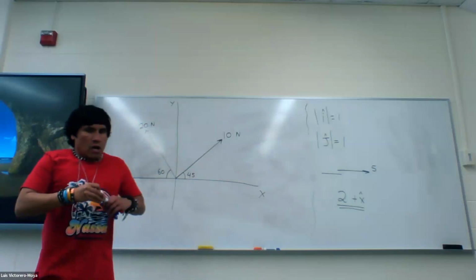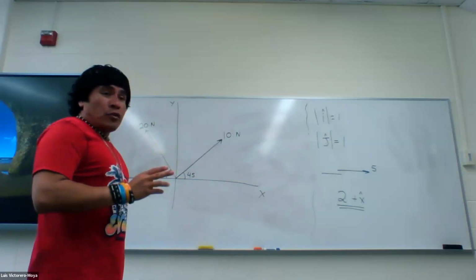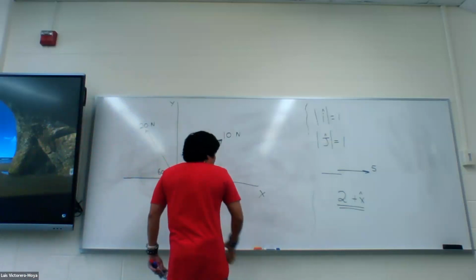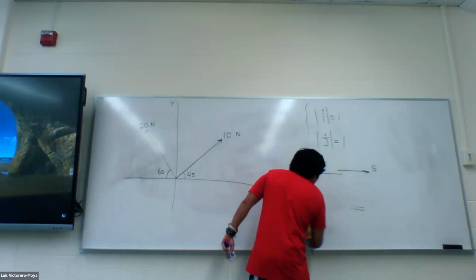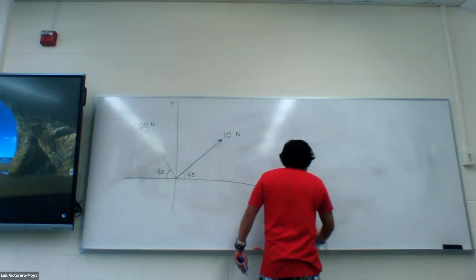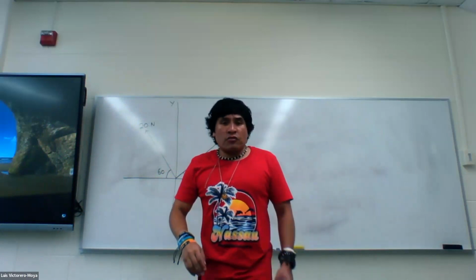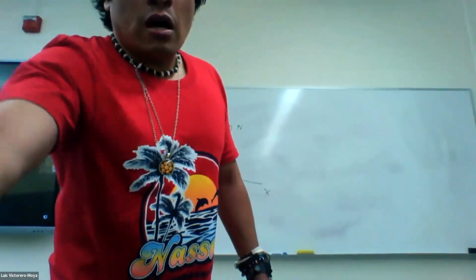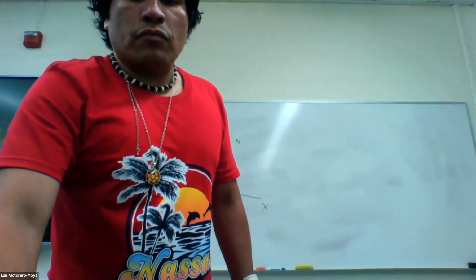One of the things that I want you guys to have as well in your equation or formula sheet are the special triangles. There are 3 special triangles I want you guys to have. You probably know at least 2 of those.